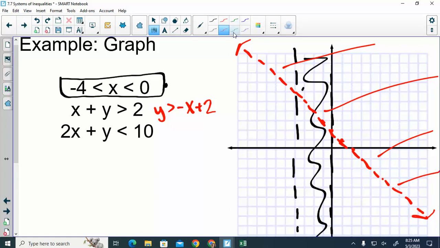Next piece, start at 10, down 2 over 1. Solid or dash?